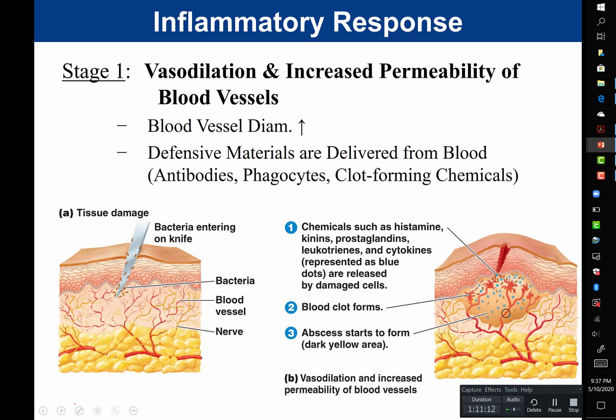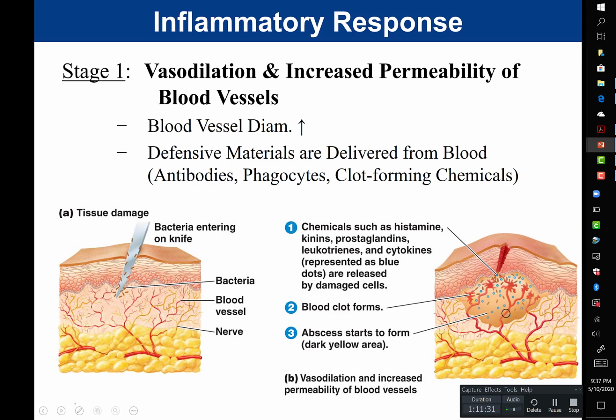So you get tissue damage, right? The knife is going to penetrate the skin, and bacteria that are on that knife are going to be able to penetrate that first line of defense, right? The skin is now broken. It's not acting as a barrier. So bacteria now get into the body.